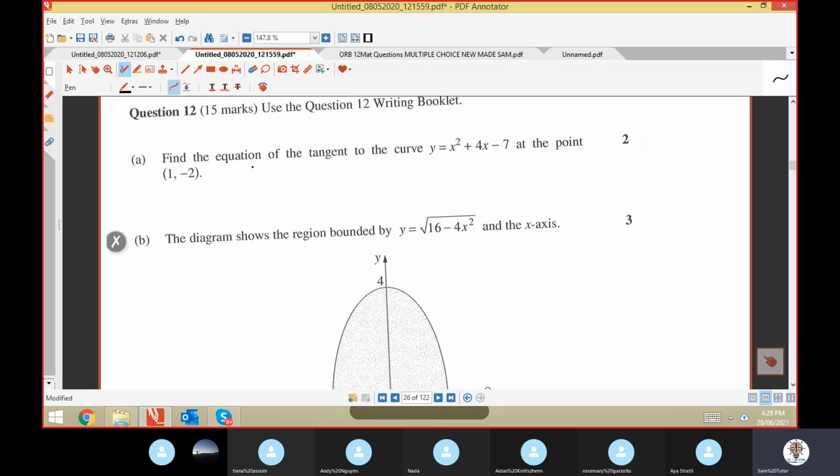Alright, find the equation of the tangent, here we go. Y dash equals 2x plus 4. Gradient for the tangent equals 2 bracket 1 plus 4, which equals 6.